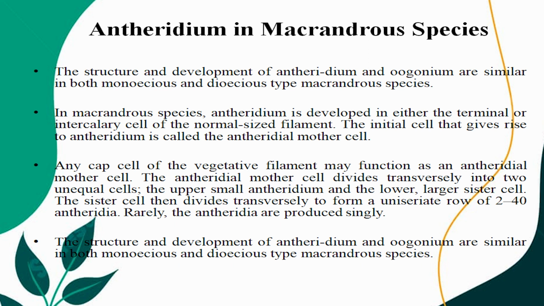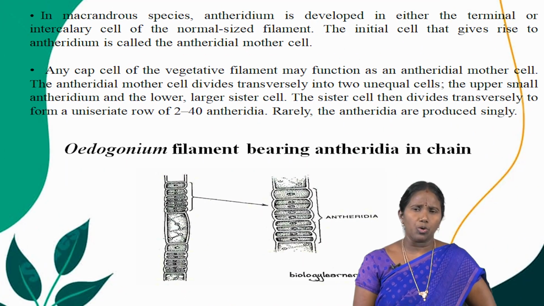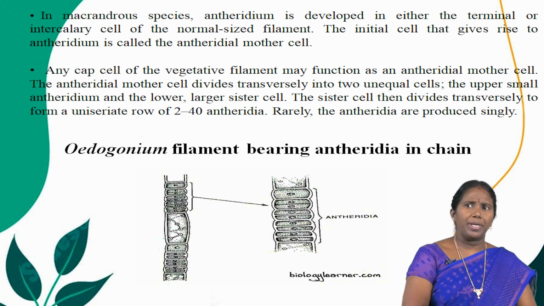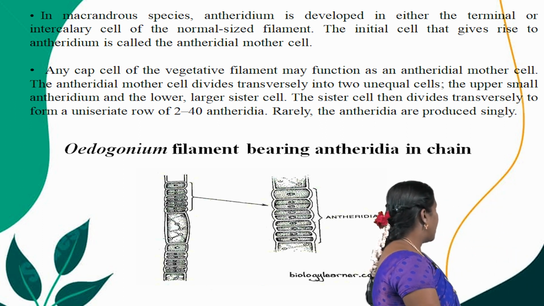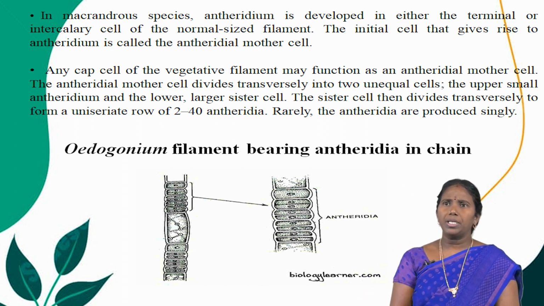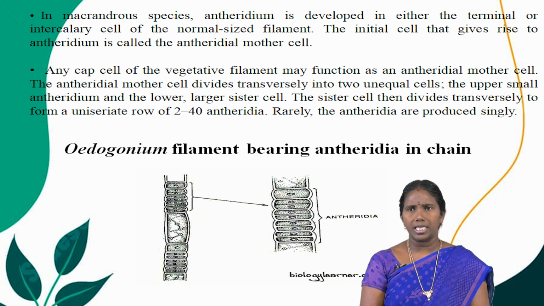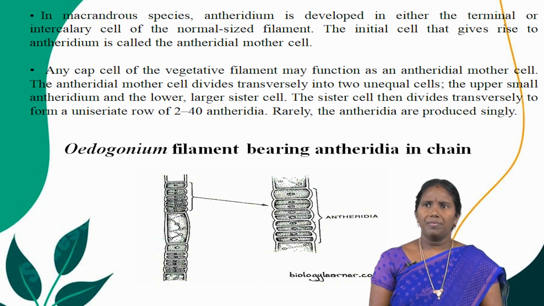The structure and development of antheridium and oogonium are similar in both monoecious and dioecious type of Macrandrous species. This slide shows an Oedogonium filament bearing antheridia in a chain. In Macrandrous species, the antheridium is developed in either the terminal or intercalary cell of the normal size filament.